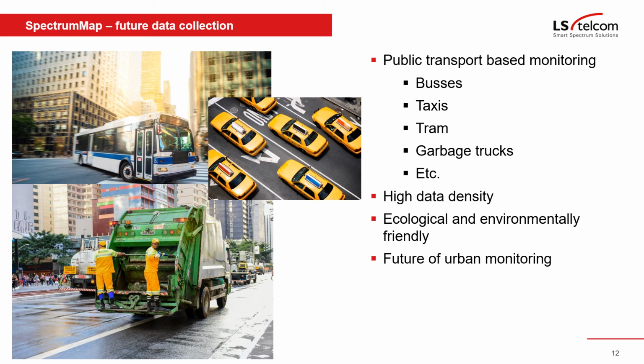And if you look at public transport or public services like buses, taxis, garbage trucks, they anyhow drive around the city the entire day, day by day. So why do you need a special fleet for spectrum monitoring? You can just use those public services and you get a really high data density day by day.